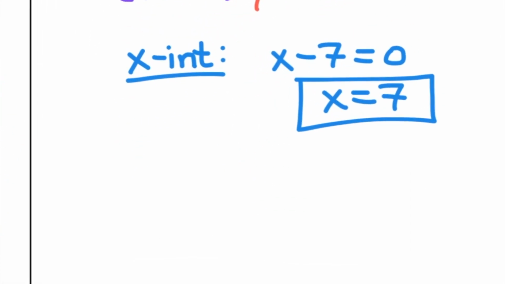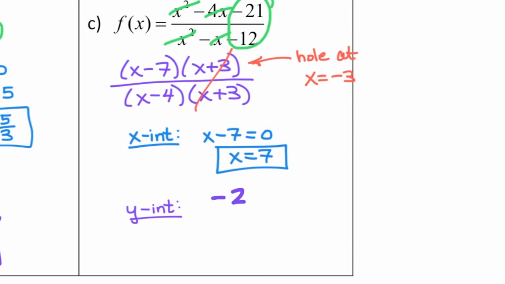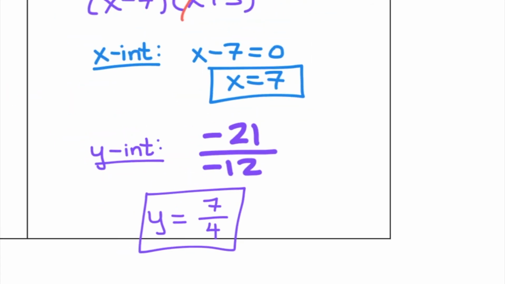So my y-intercept is going to be that negative 21 over negative 12. So y equals, and both of those are divisible by negative 3, and so I would get positive 7 over 4. So my y-intercept is 7/4.